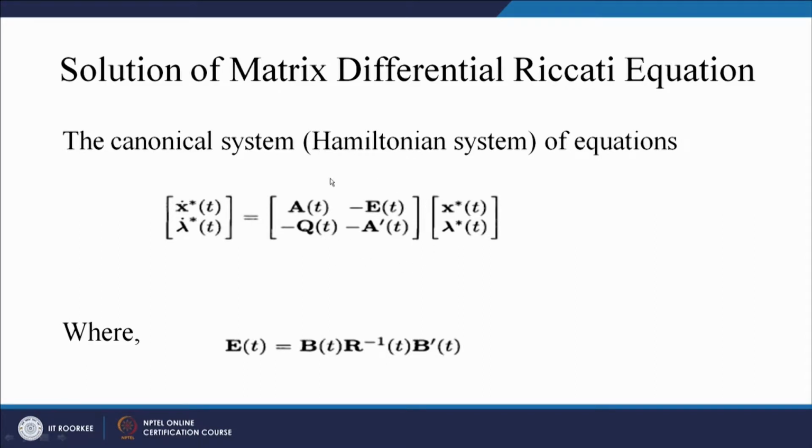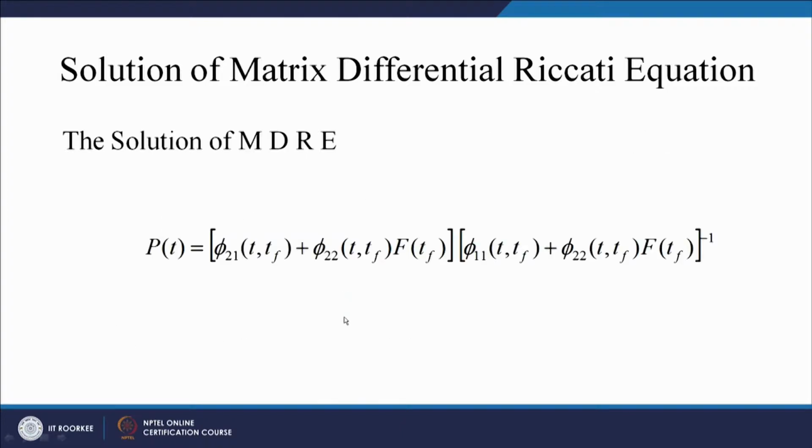So we find the state transition matrix of the Hamiltonian matrix, and then we make the partition, as we have seen in the previous class, and then P(t) is given in terms of phi 21, phi 22, phi 11, phi 12 and F(tf).